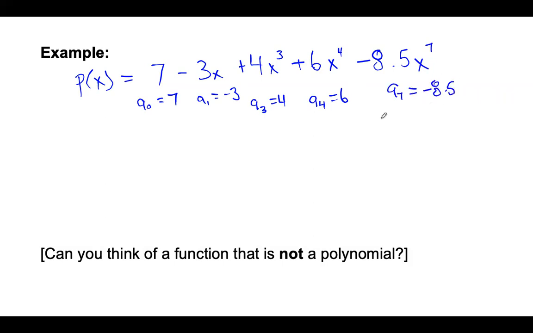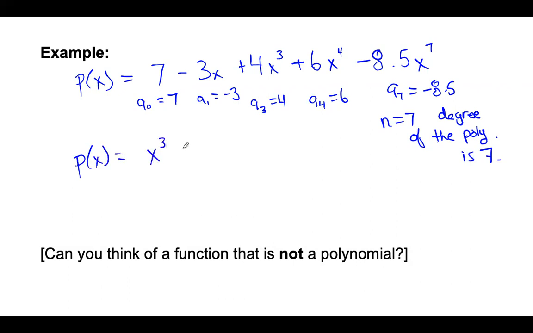What is the degree? So n equals 7, so this is the degree of the polynomial. So that is 7.